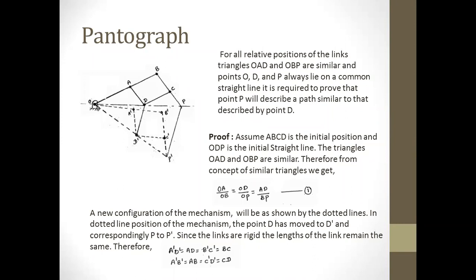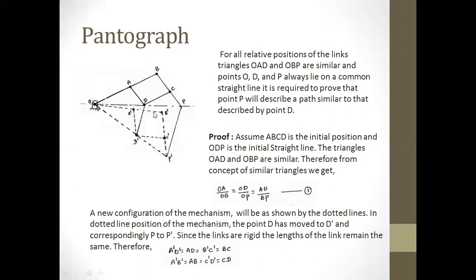A new configuration of the mechanism can be obtained as shown in the dotted line. If we move point D to D dash and P to P dash, we get a new configuration, represented as a dotted line.